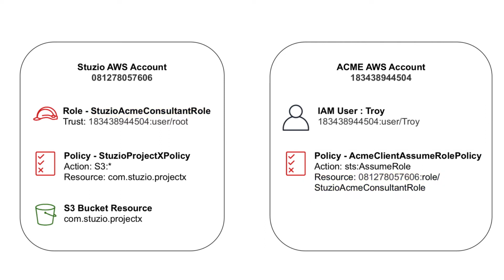So with this setup, Troy should be able to assume a role called Studio Acme Consultant role. Then he should be able to access the Project X S3 bucket. Notice on the Studio account, we will not create a Troy IAM user. Studio will not give Troy a long-term credential like username, password, or access key in order for Troy to access Project X resources.